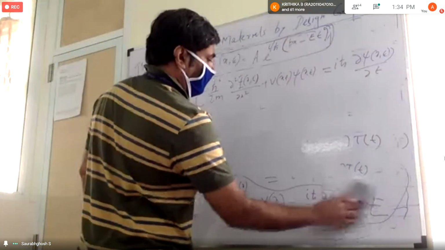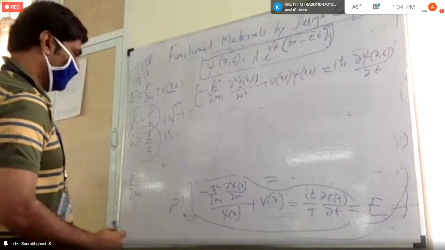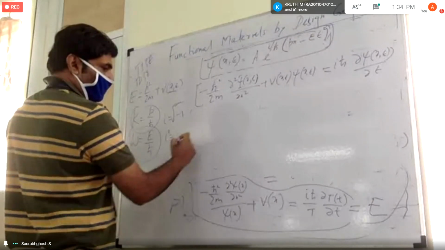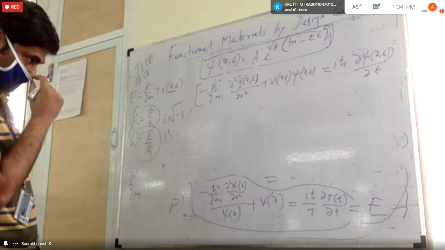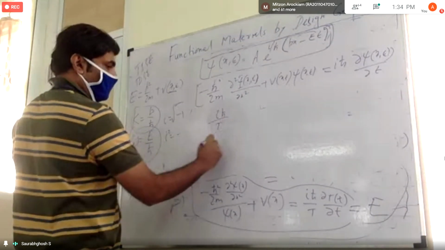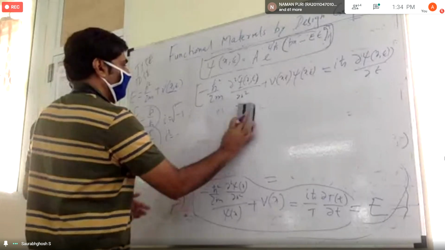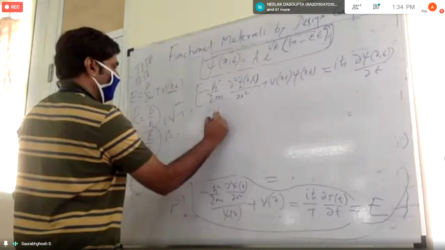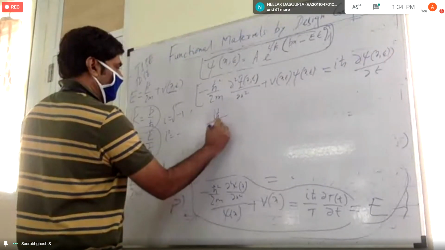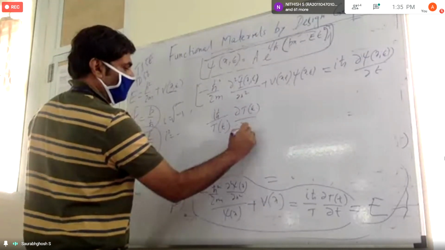So you have two sets of equations now. One set of equations tells you that i h cut by T, which is a function of t, del T by del t.